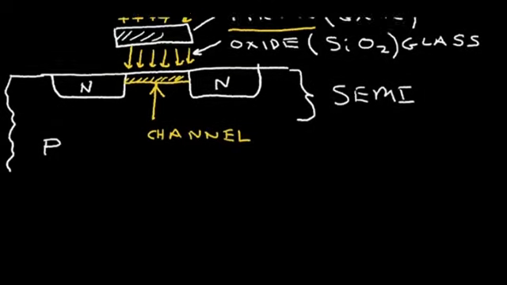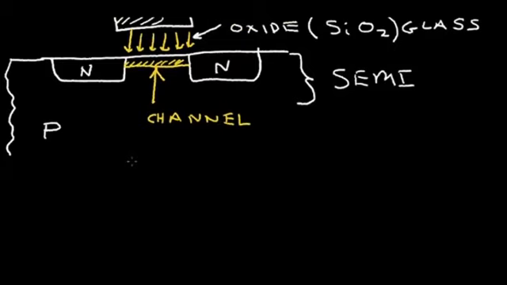Now, if I draw the symbol for this transistor, this is the basic symbol. Now let me shade the N region a little bit here.